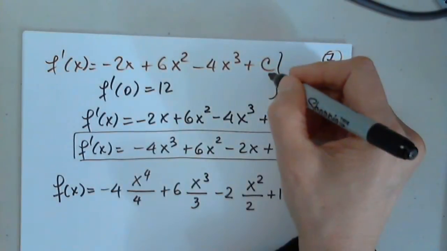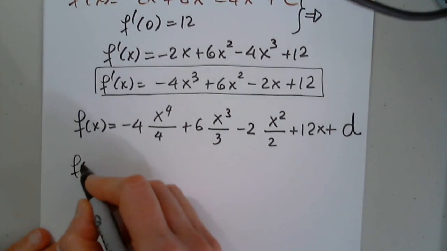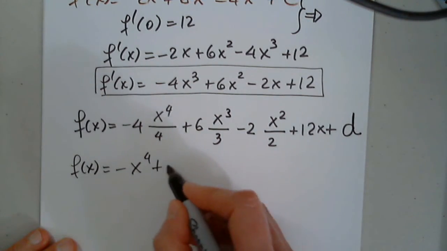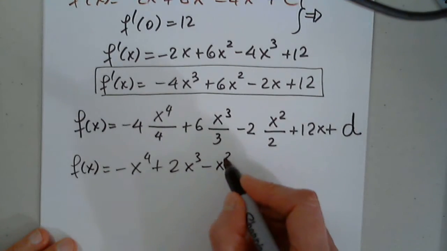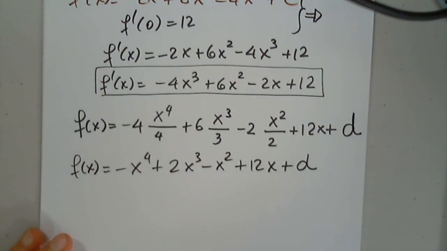Or I can use c1 and c2, whatever you want. It's the same thing. So now f of x equals negative x to the fourth plus 2x cubed minus x squared plus 12x plus d.